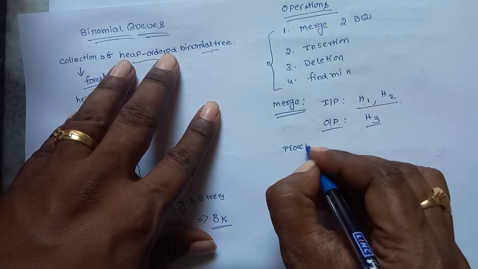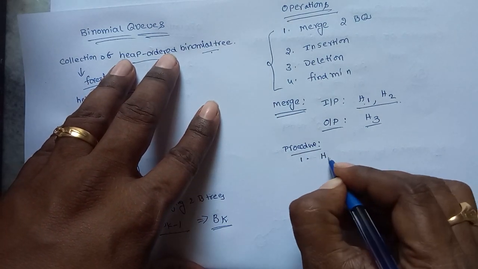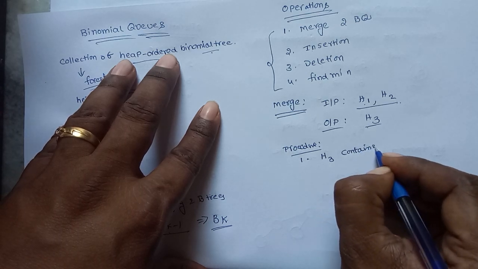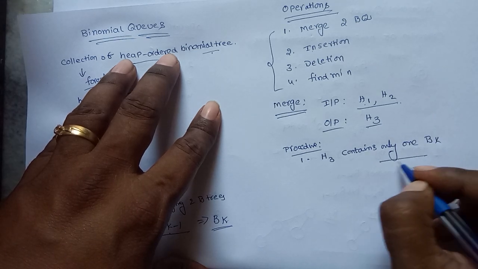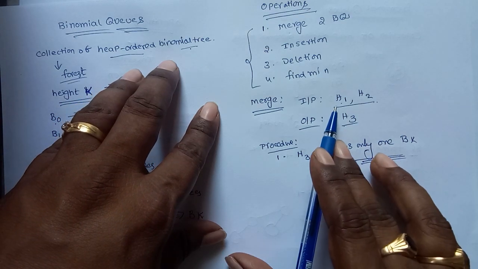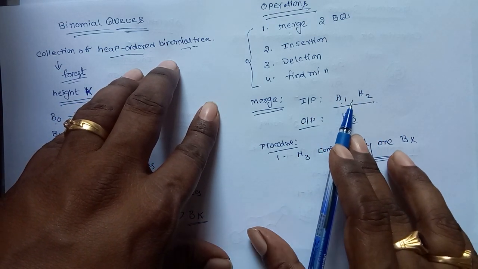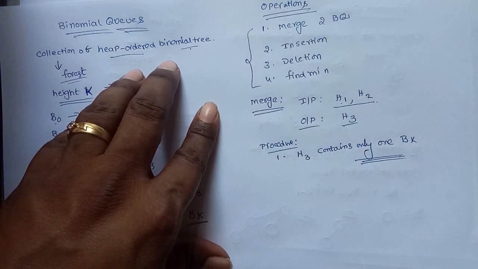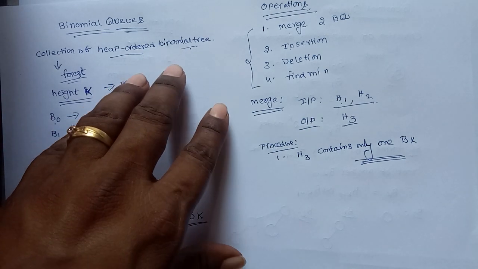So now I will explain the procedure. Remember, the resultant binomial queue H3 contains only one Bk of each order. That means, if same ordered trees appear in H1 and H2, compulsorily they have to be merged. If two Bk's appear, they have to be merged to form Bk plus 1.